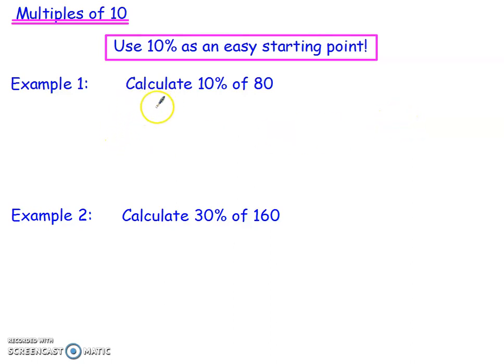10% is quite a straightforward starting point, so we would expect them to show working throughout. So they would find 10% of 80, they would recognise that as 1/10 of 80. And we would already know, or we would have taught prior to working on the percentages topic, that 1/10 is division by 10.